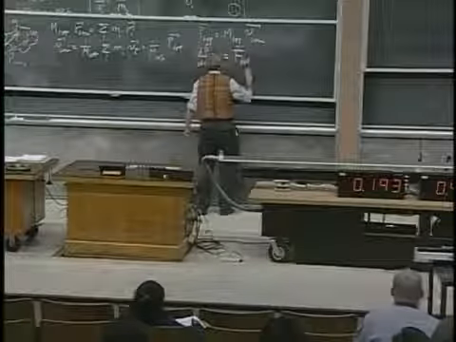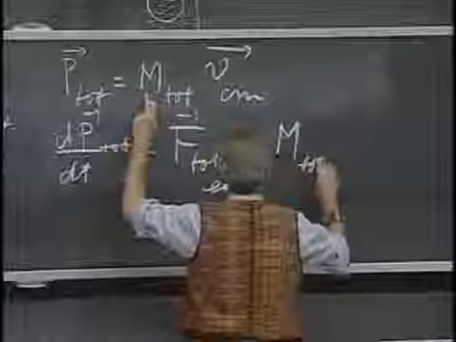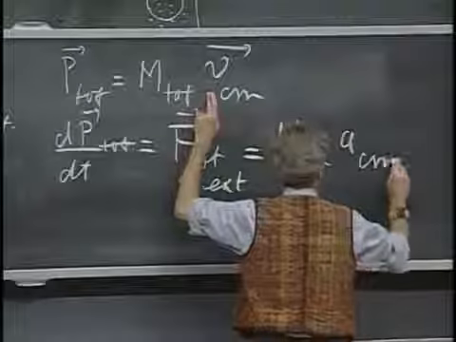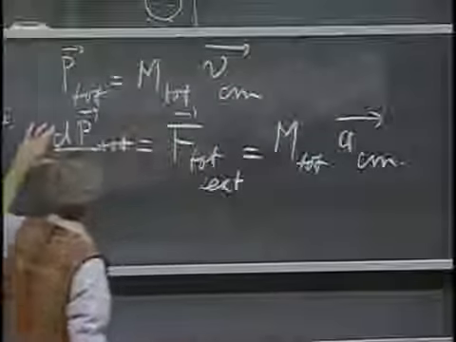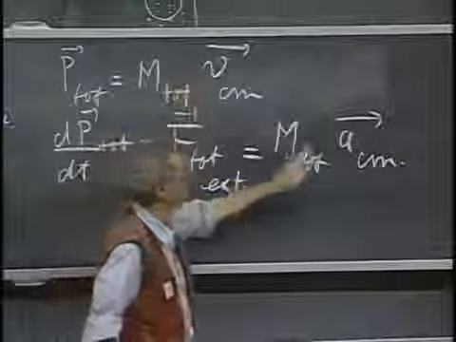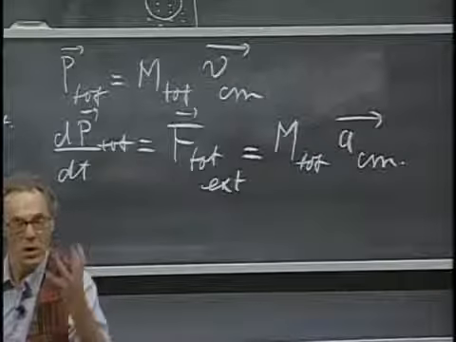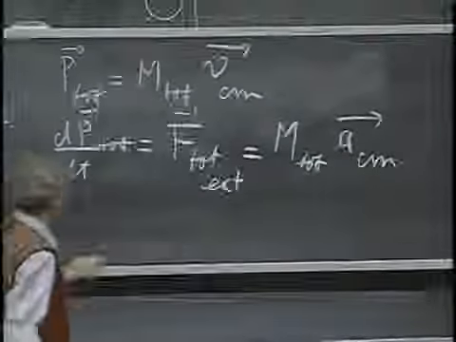We already learned that earlier. That now is the total mass of the system times the acceleration of the center of mass, because I take the derivative of this equation, that gives me the dt here, and the velocity changes to acceleration. And look at this. This is really an amazing statement.